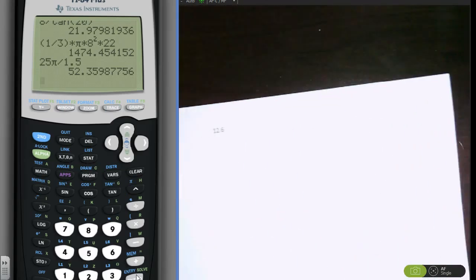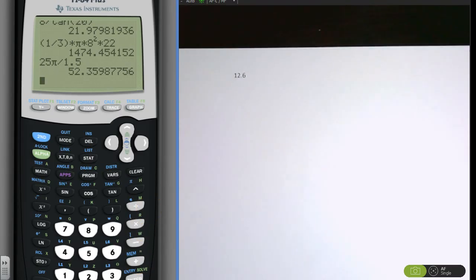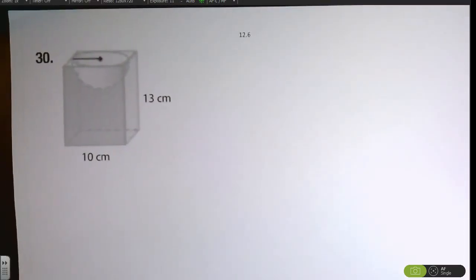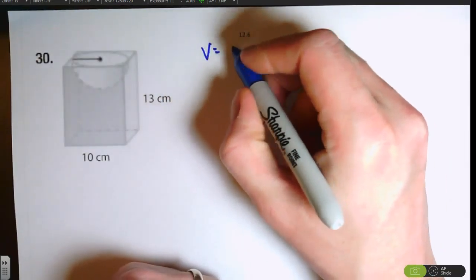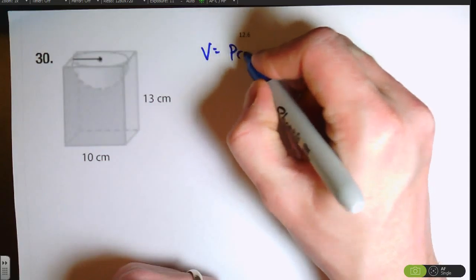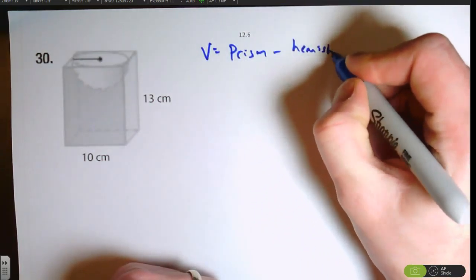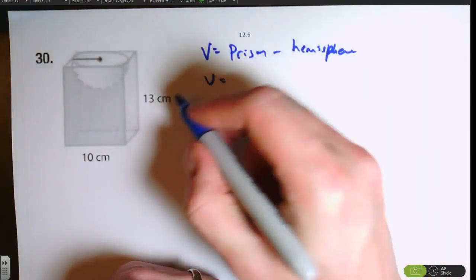Now the last problem. Okay. The last problem we're going to look at is a bit of a tricky one. You're supposed to find the surface area and the volume. We'll do the volume first because volume's actually easiest. So volume for this guy, we have a prism, but you're cutting out a hemisphere. Okay. So the prism is area of the base times the height.